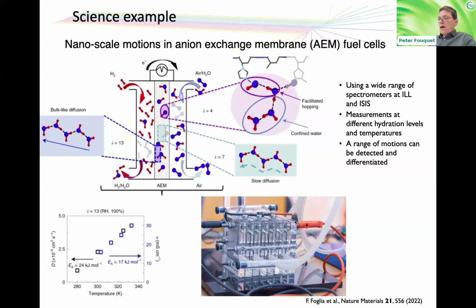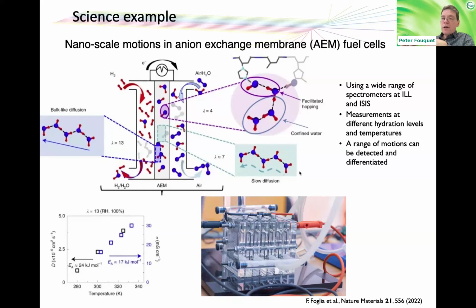And the interesting part of this is that you can really look at the polymers themselves, or try to look at specifically built fuel cells for the neutron experiments. And by combining the different spectrometers, you can get a huge range of dynamics, easily 9 orders of magnitude apart.